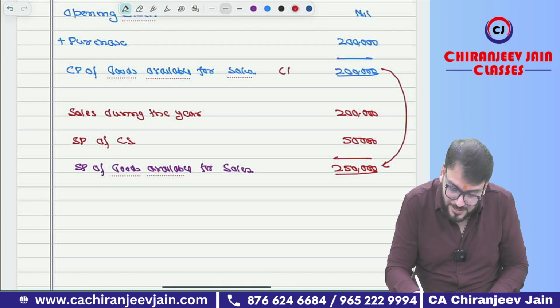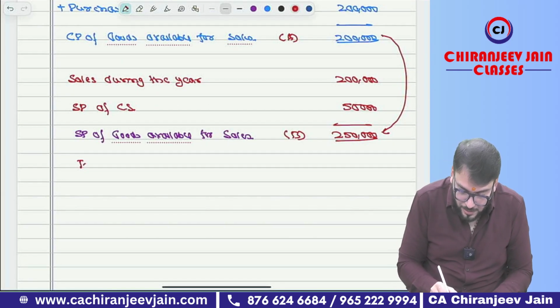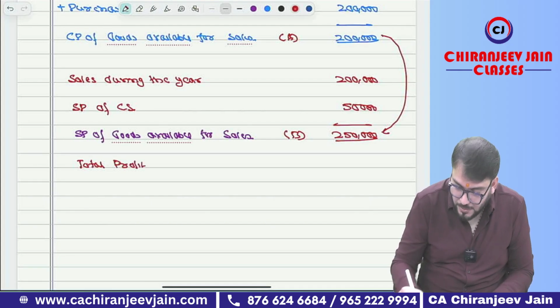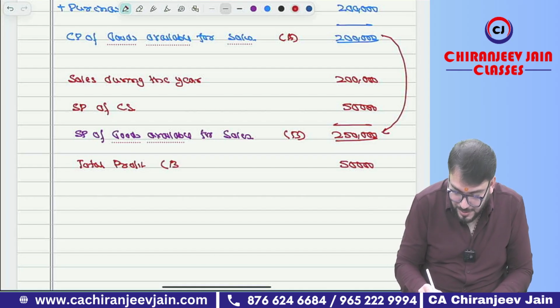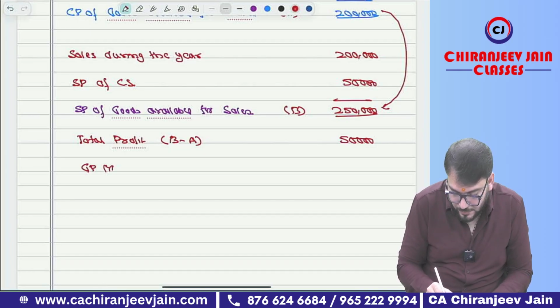Okay, sir. If this is A, this is B. So what is the total profit, that is 50,000. This becomes B minus A. So what is gross profit margin?